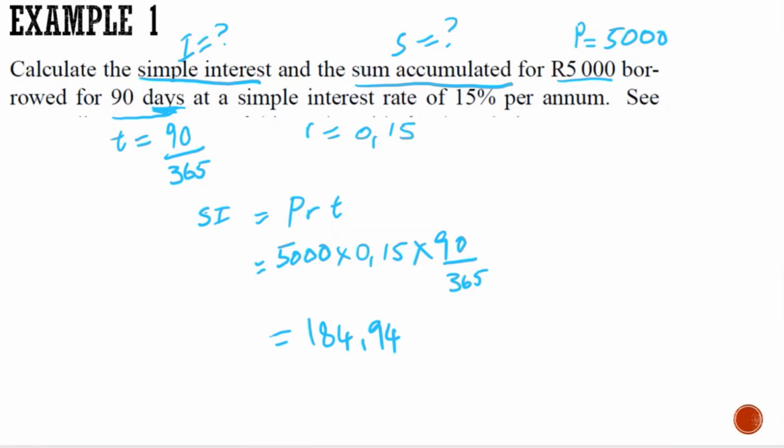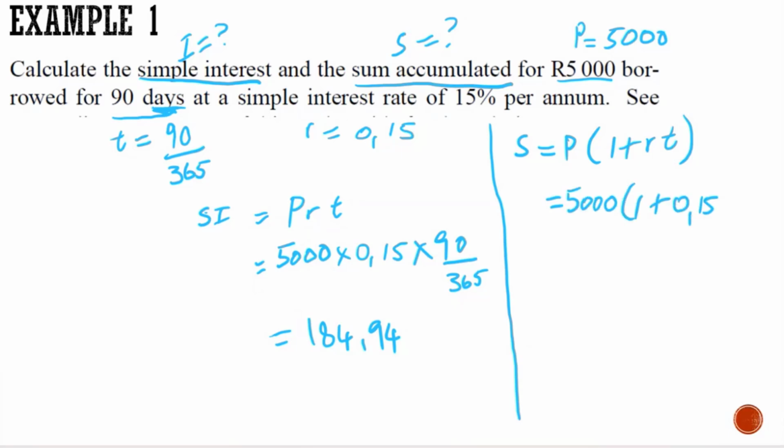Okay, and also you are asked to find the sum accumulated. The formula for sum accumulated, remember we've got 2, so your sum accumulated is equal to P into 1 plus RT. Okay, that is for the sum accumulated. So what is your P? Your P is given as 5,000 into 1 plus your R is 0,15, and your T, you use the very same T, which is 90 over 365.